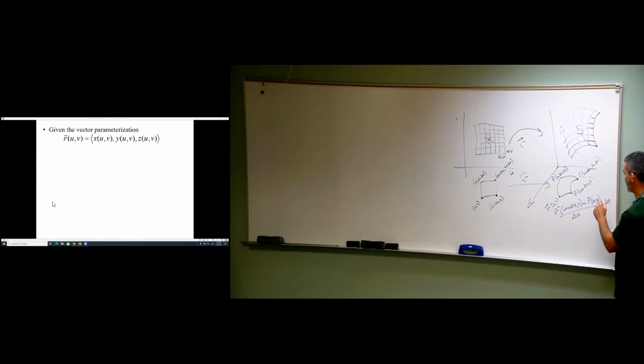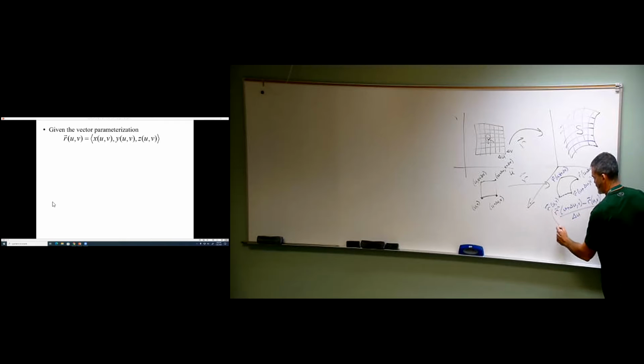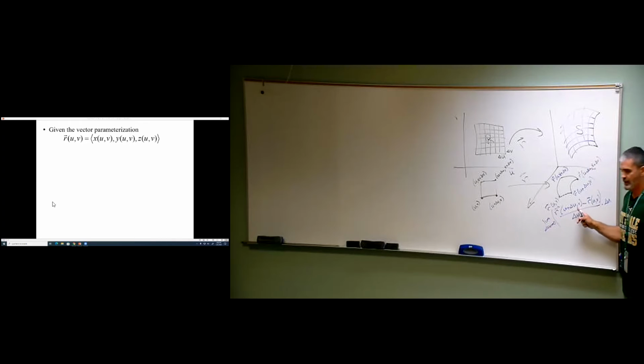Now, here's the thing about this part right here. If I take the limit as delta U goes to 0, I have the definition of a partial derivative. This is the partial derivative of r with respect to u.